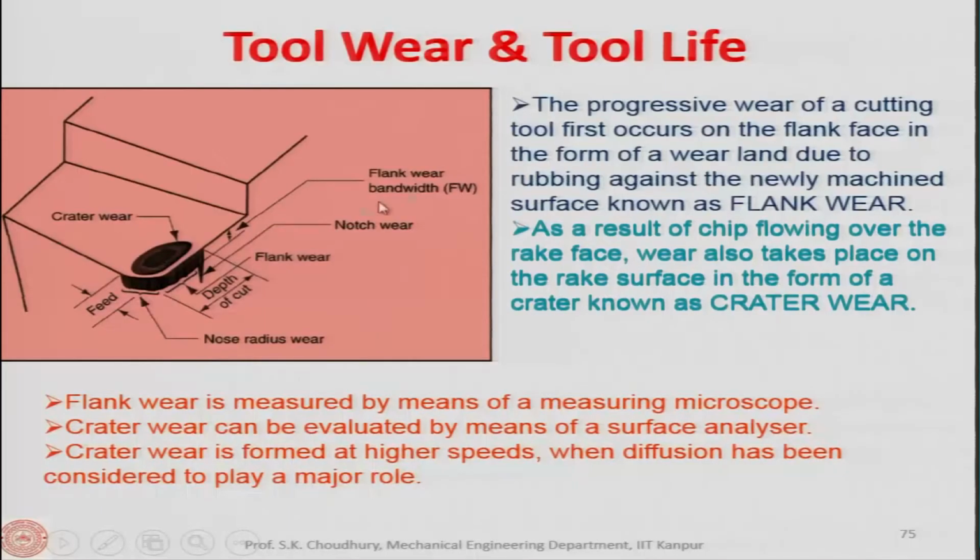Now, the progressive wear of a cutting tool occurs on the flank face, as I said earlier. This is the flank face of the tool, and it wears out progressively because it rubs against the already machined surface, in the form of a wear land.